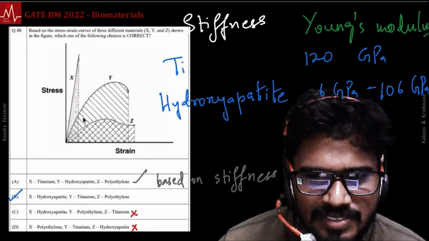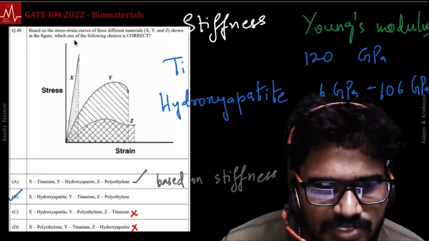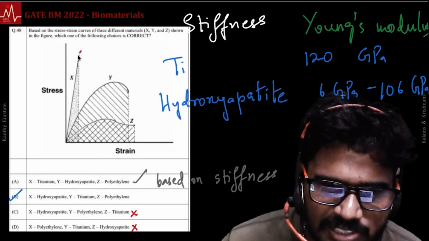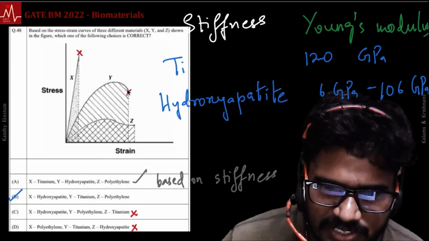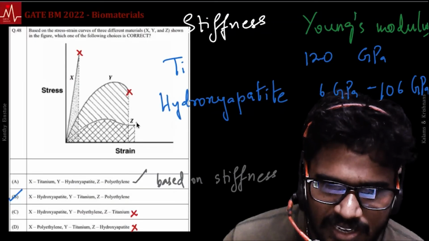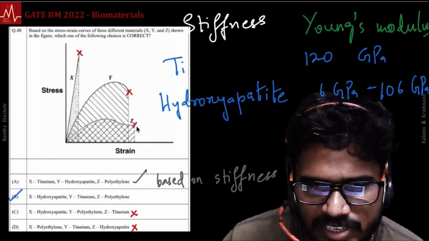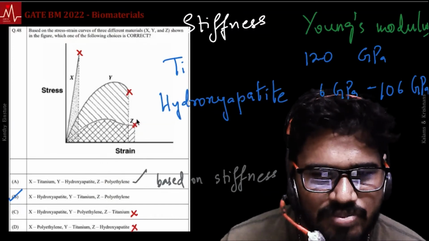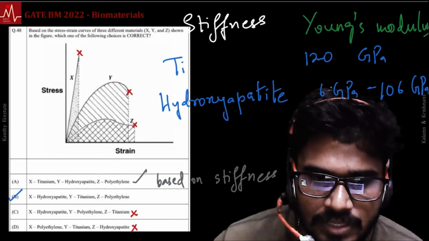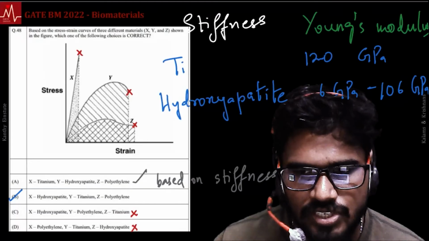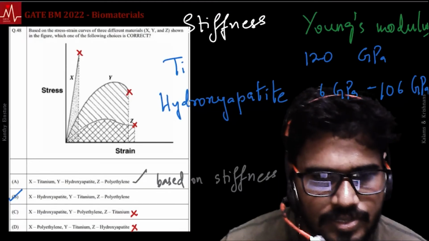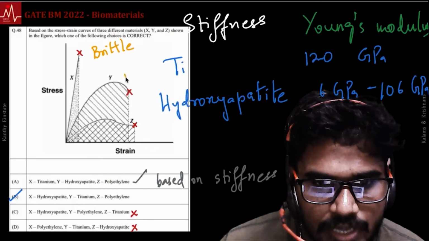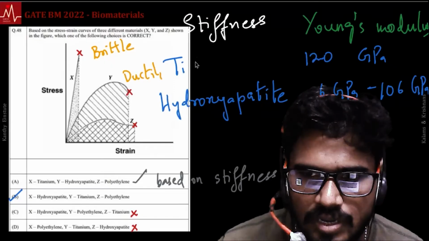That kind of makes sense if what we are looking at is the entire stress strain curve, where this material is failing here, and this material is failing here. For a polymer, you don't know whether it's failing here or still going. But let's say it's failing here. There is no confusion with Z. Then the context changes totally. What you have here is a brittle material, and what you have here is a ductile material.